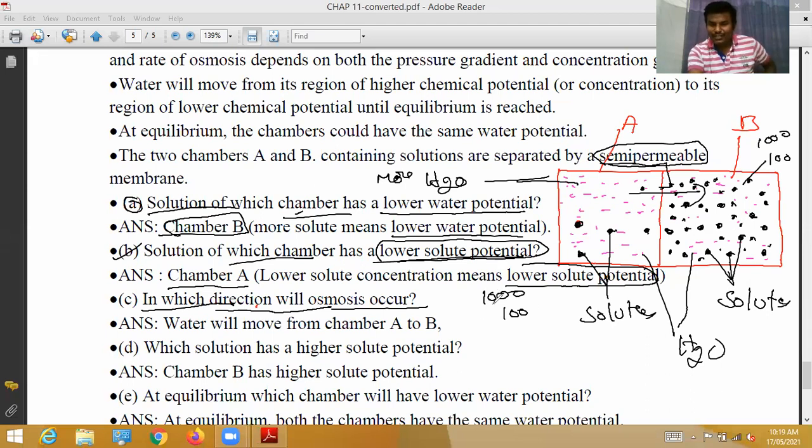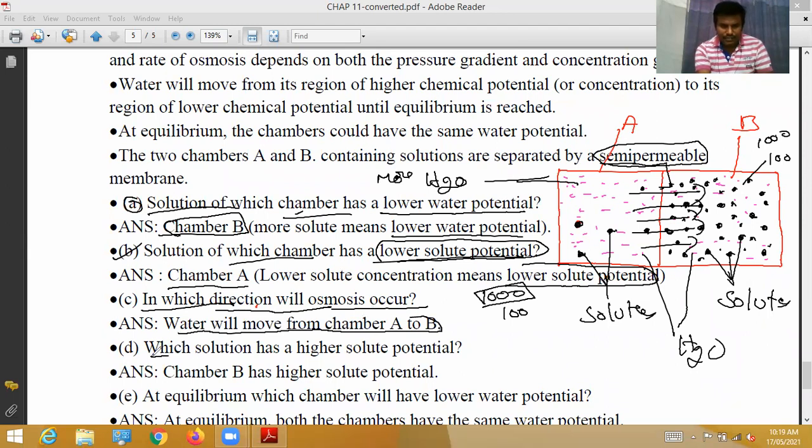So the water concentration is more in A. Water always moves from A to B till both concentrations become equal. C. So in which direction will osmosis occur? Water will move from A to B.